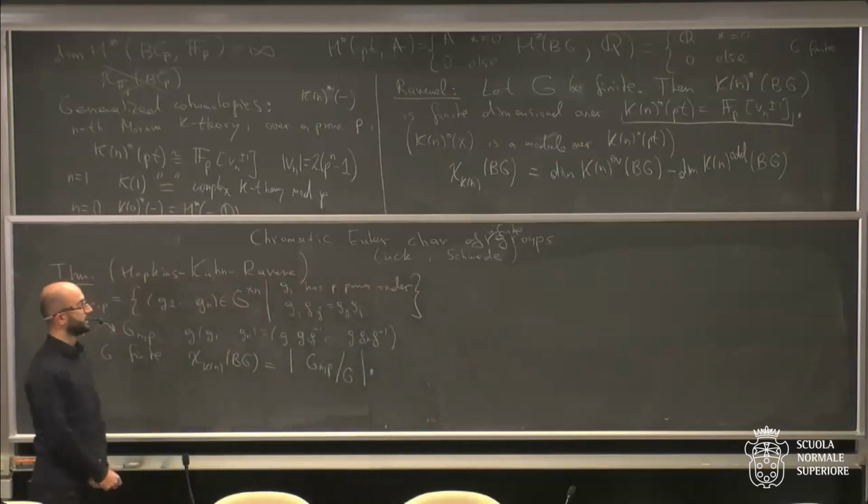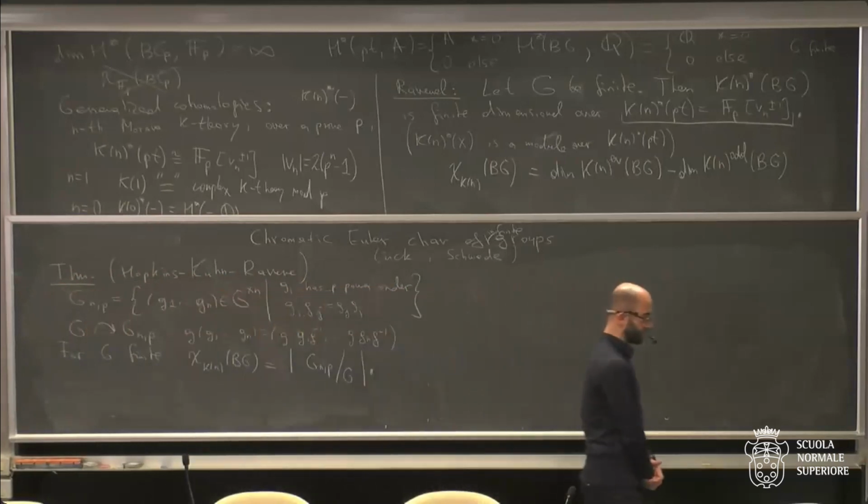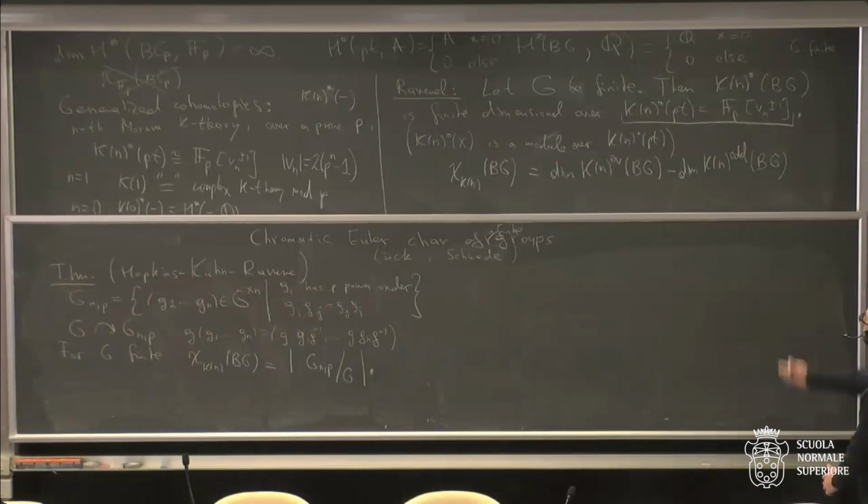So that's a very nice description of this Euler characteristic. Now, before, when I was talking about infinite groups and rational cohomology, I told you that understanding cohomology of finite groups was crucial. In that case, the description was super easy.